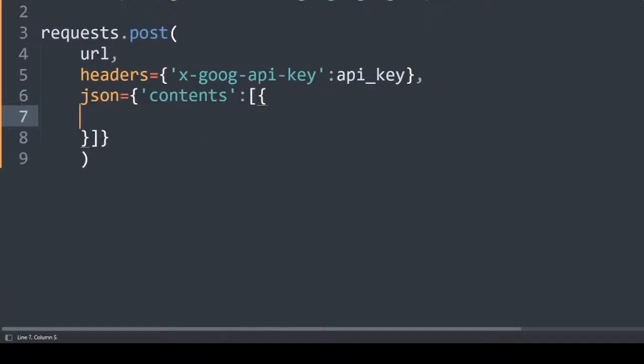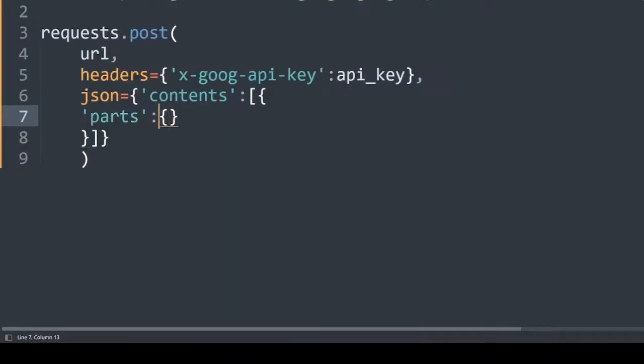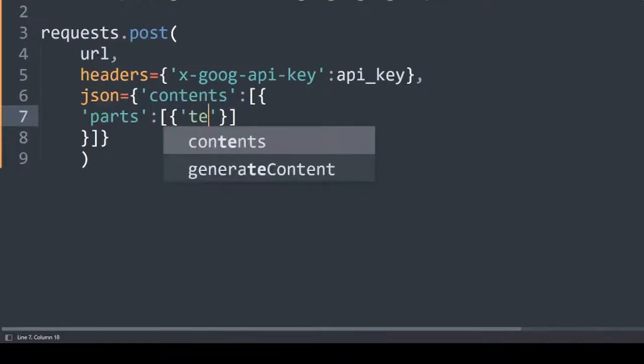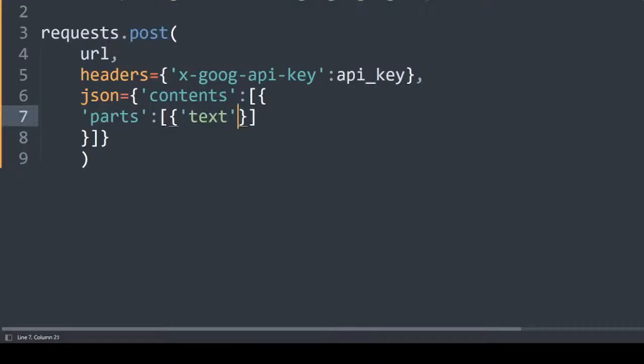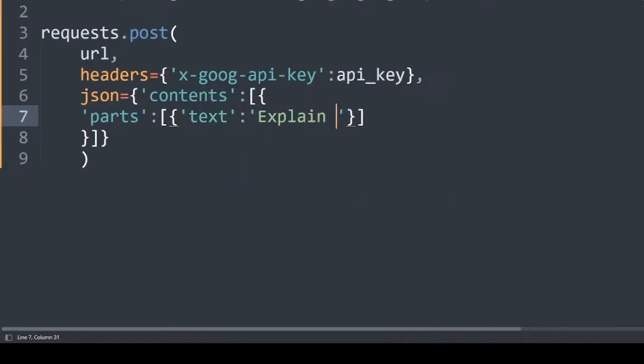In parts we are going to give the text, which will be in square as well as curly braces, contained as a text. This text will be any of the things you are looking for. In simple terms we'll say, explain AI in few words.